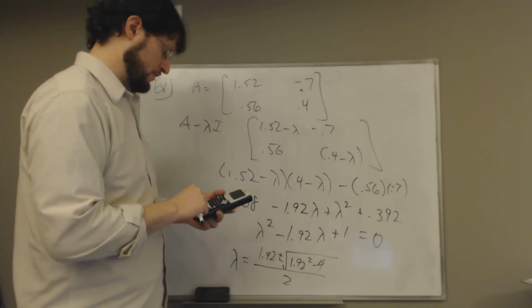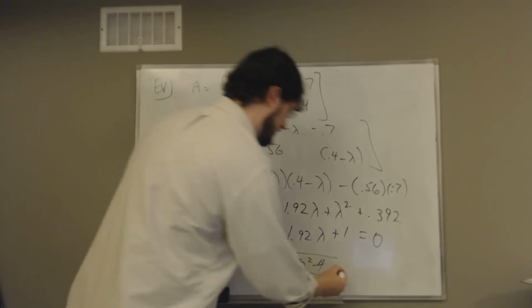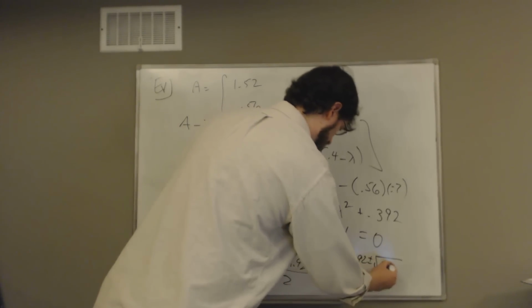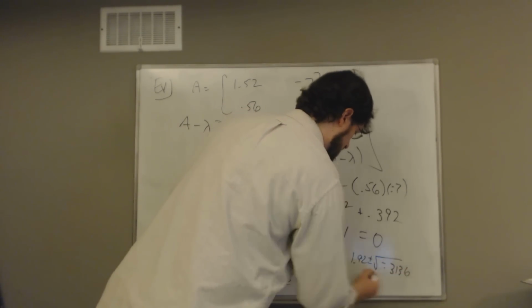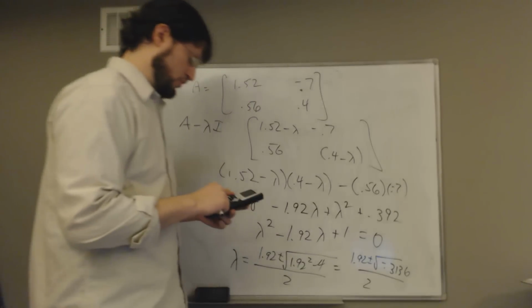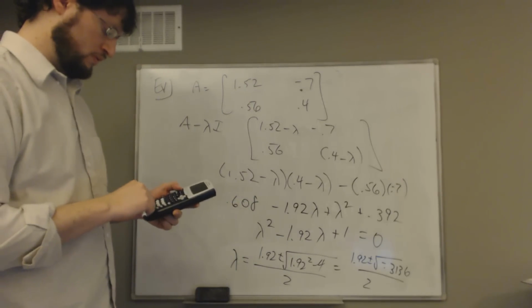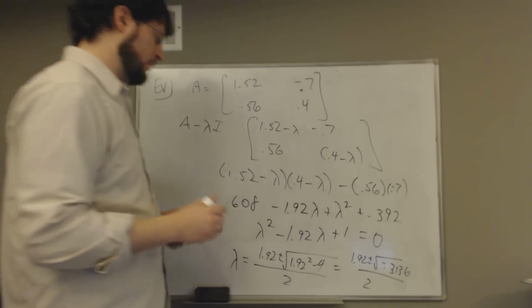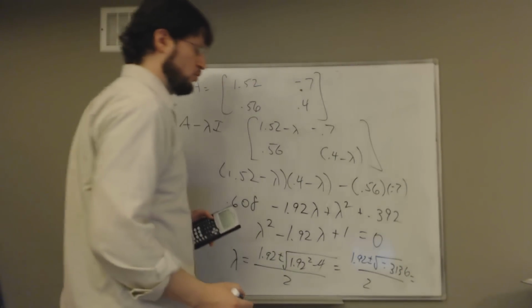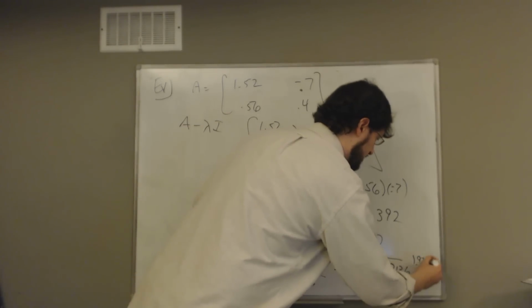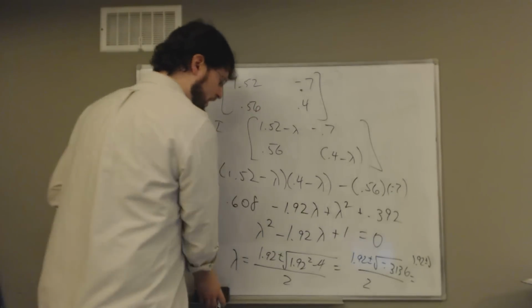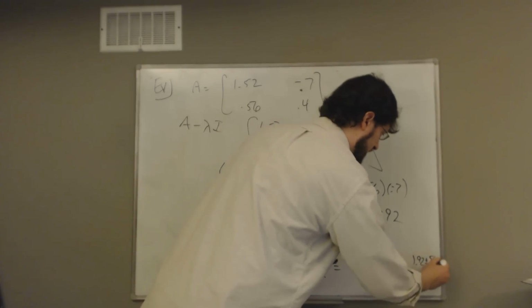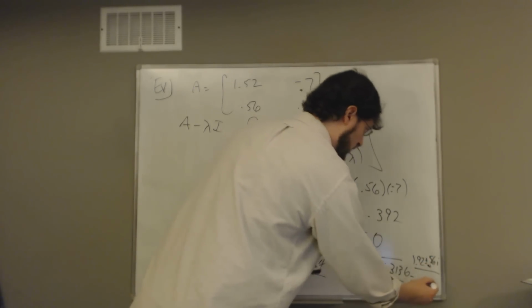And that becomes 1.92 plus or minus the square root of negative 0.3136, all over 2. And this becomes 1.92 plus or minus 0.56i, since the square root of 0.3136 is 0.56, all over 2.